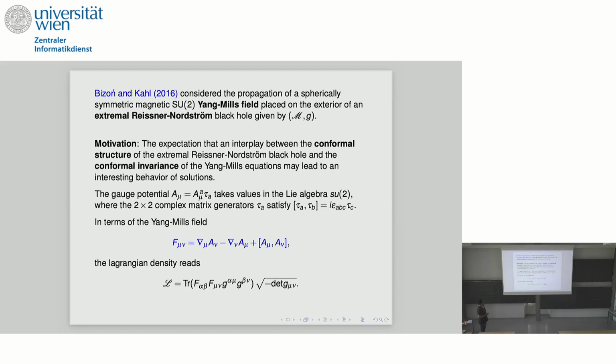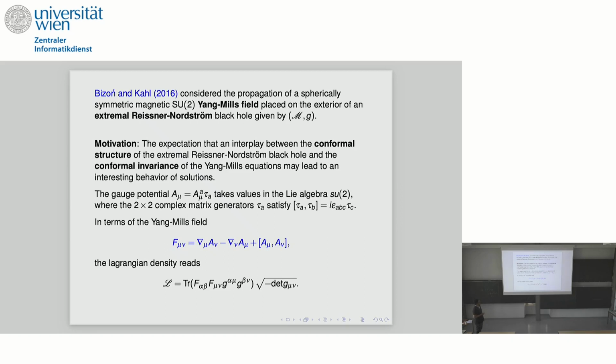So the gauge potential takes values in a Lie algebra, SU(2). You have some complex generators, so these are 2 by 2 matrices with complex values following this algebra. For us, it will not be really important, at least in this particular setting, but you have to keep in mind that if you want to generalize this to a non-radial setting, then you have to follow this algebra.